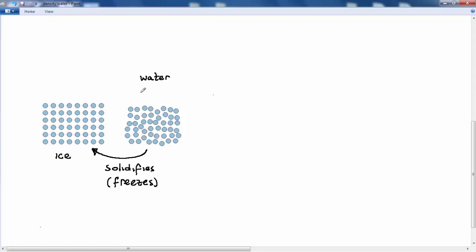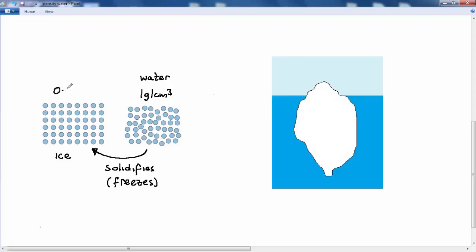While the density of water in the liquid state is 1 gram per cubic centimetre, because its volume increases when it freezes, its density actually reduces. So the density in the solid state is about 0.93 grams per cubic centimetre.